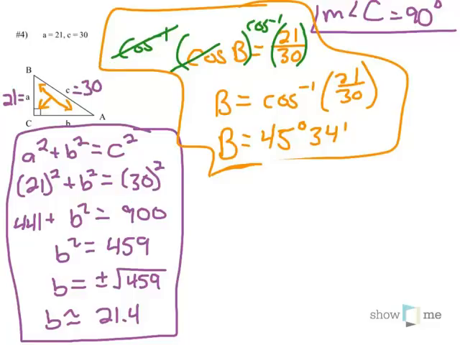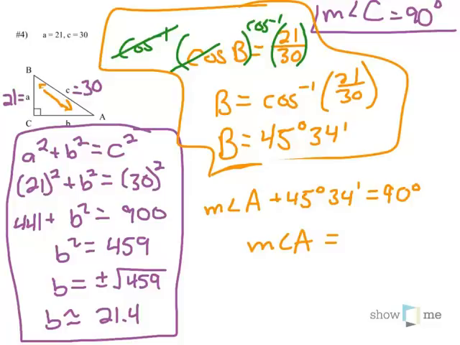So to figure out angle A, I'm going to use angle B, because I want for sure my angles to sum to be 180. If I take those 2 acute angles, they have to sum to be 90. If I subtract 45 degrees, 34 minutes from both sides, I get 44 degrees and 26 minutes.